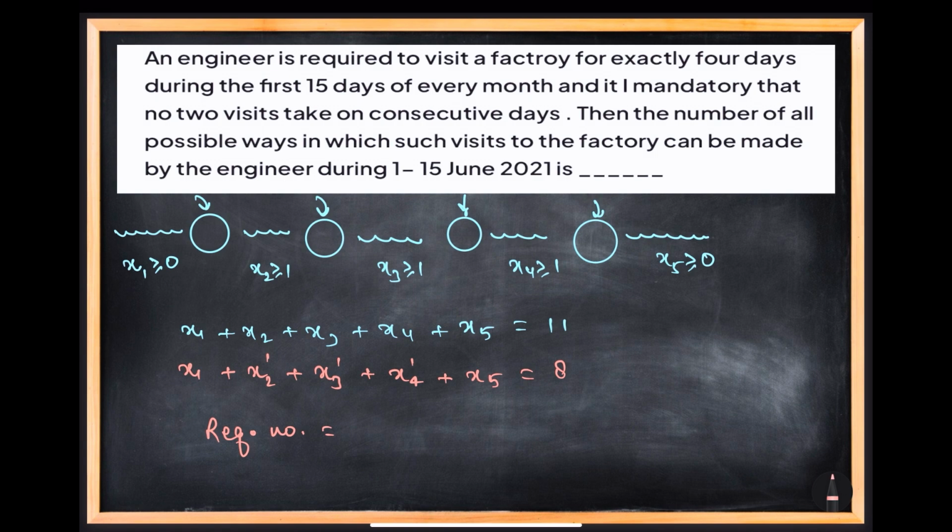There are 5 persons, so you need 4 sticks. So altogether we have 8 and 4, 12. You will select sticks, so 12C4. This is the required answer. So this many ways are there in which the visit can be executed. I hope the idea is clear.